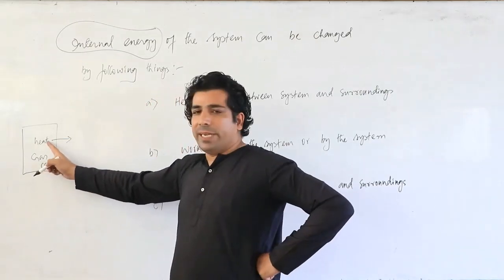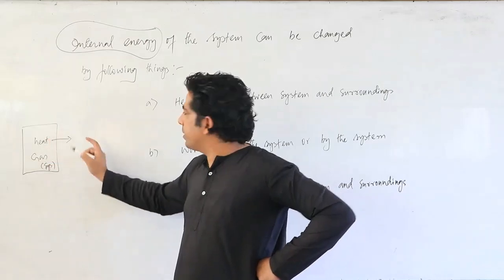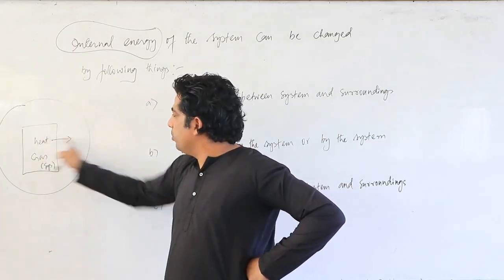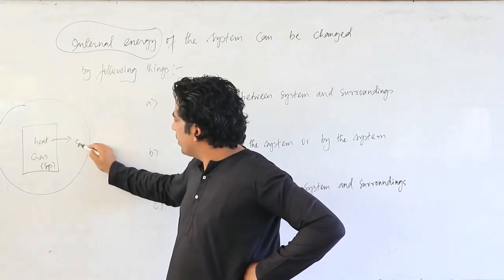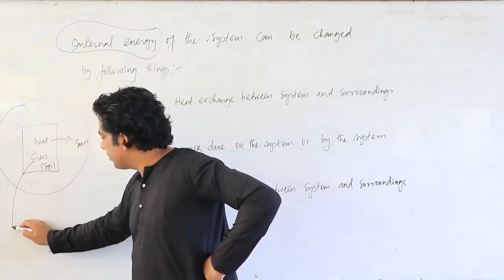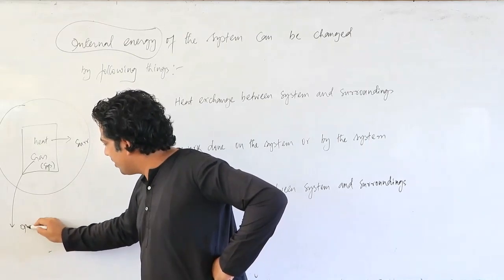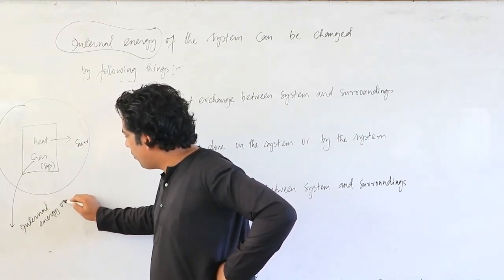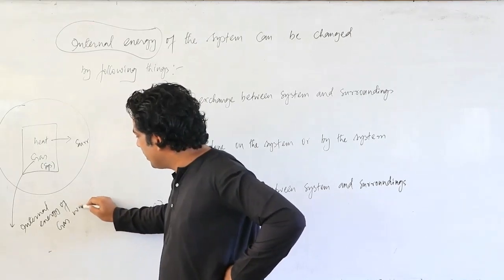So heat is liberated by the system into the surroundings. Yes or no? So the gas is losing heat to the surroundings. That means the internal energy of the gas will decrease.